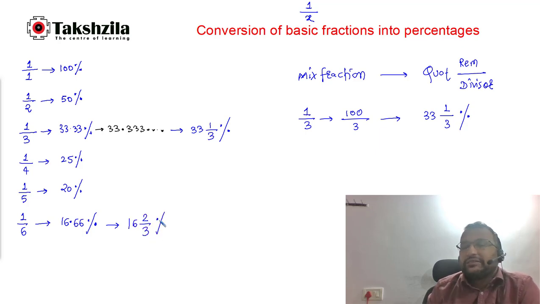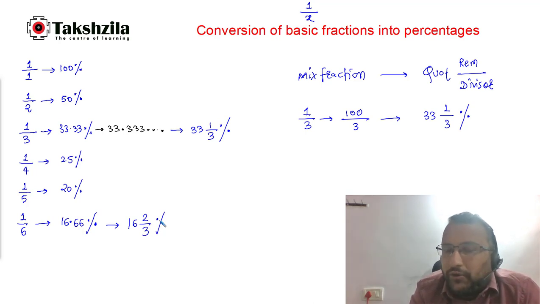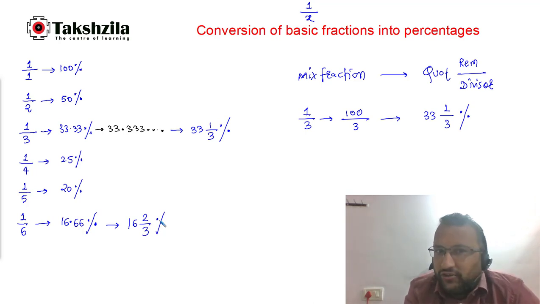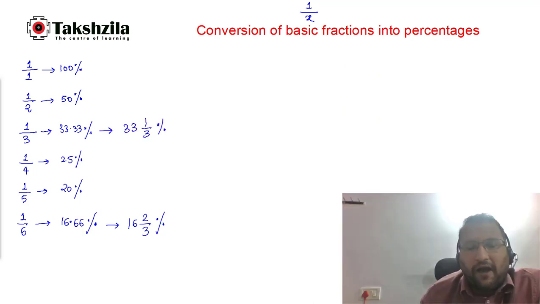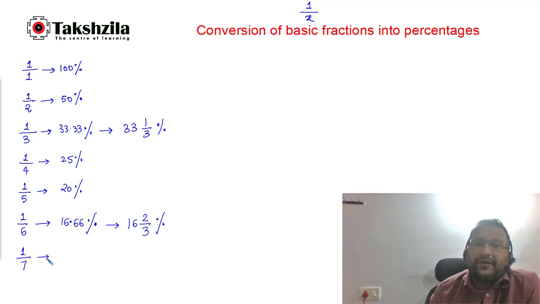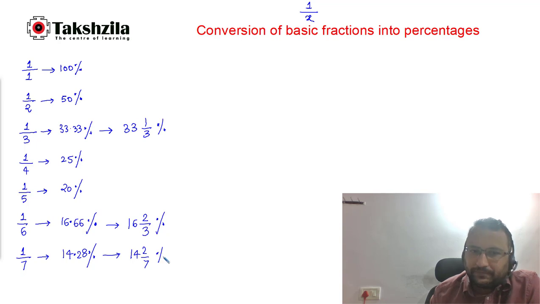So along with this decimal format, you need to remember the mixed fraction format as well. Now let's continue with this list. After this, if you get 1 mark out of 7 marks, you will be getting 14.28 percentages. And in mixed fraction, that is nothing but 14 2 by 7 percentages.